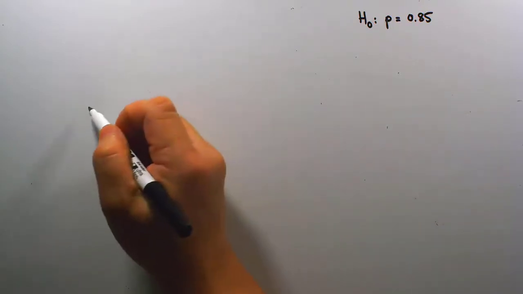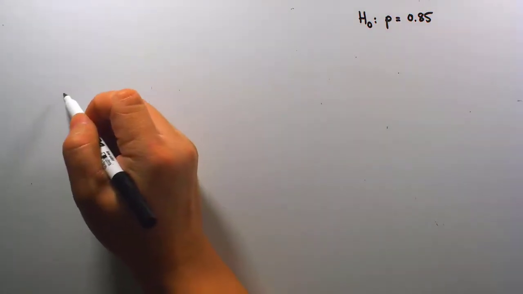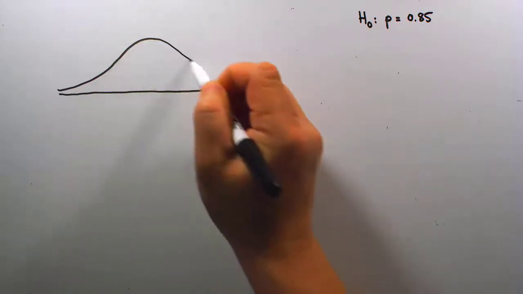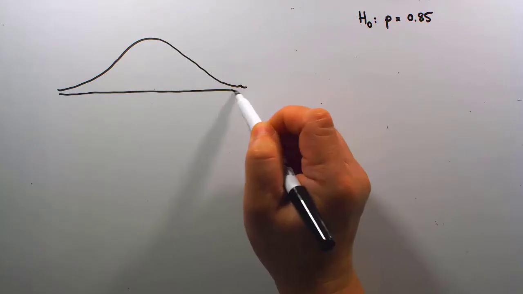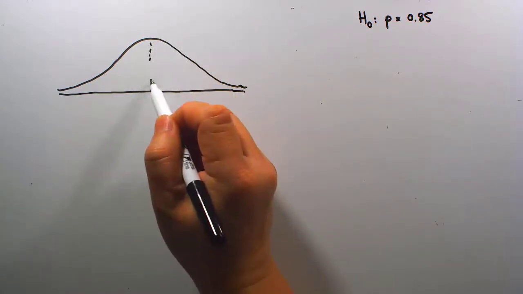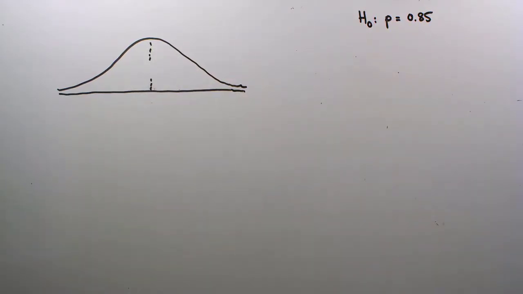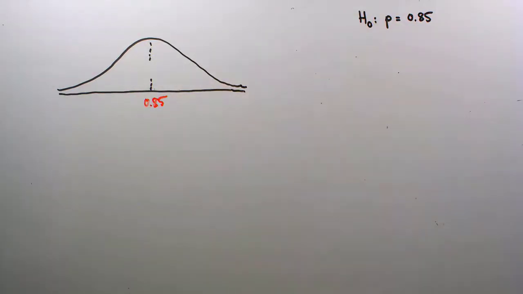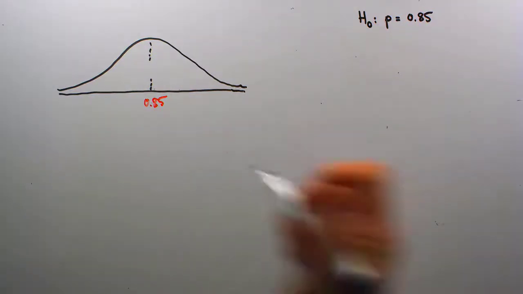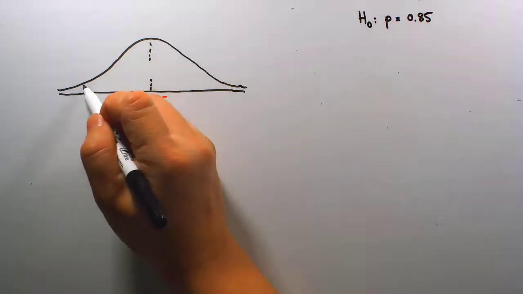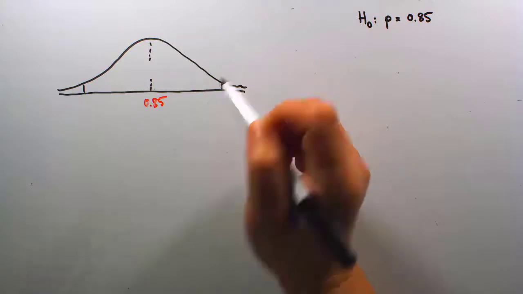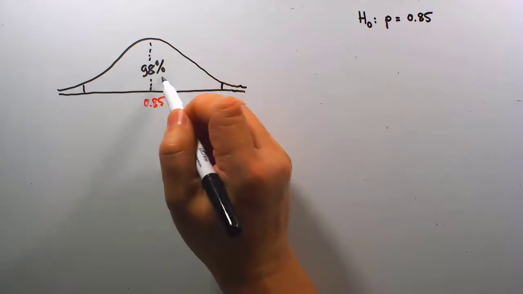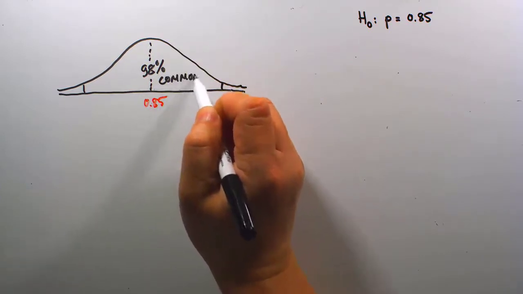And our testing of this hypothesis has already concluded that, on this bell curve, 0.85 from the claim in the null hypothesis is at the center of this bell curve. And this bell curve, as we have seen in so much explanation, has 98% area in the middle, referred to as the common area.